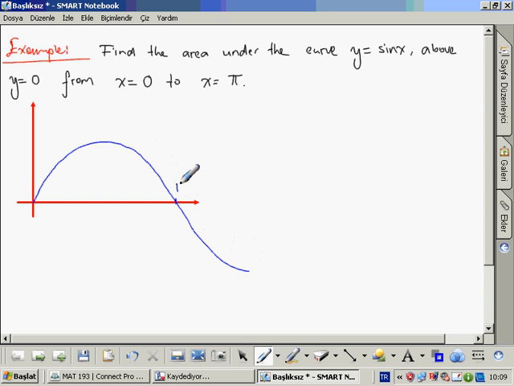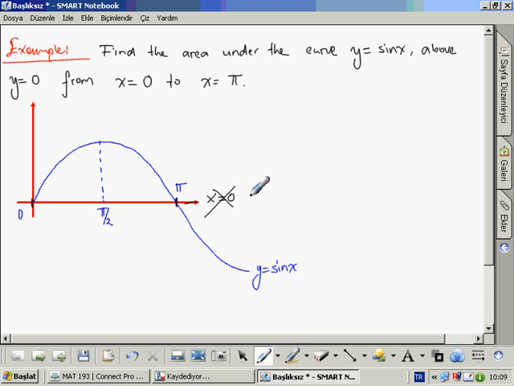This point is of course pi, and this point is pi over 2, and this point is 0, and y equals sin x. And x equals 0 to x equals pi means from here to here, and y equals 0. In the previous question I made a mistake, and I wrote here x equals 0.